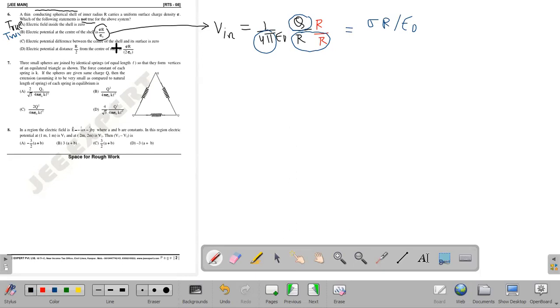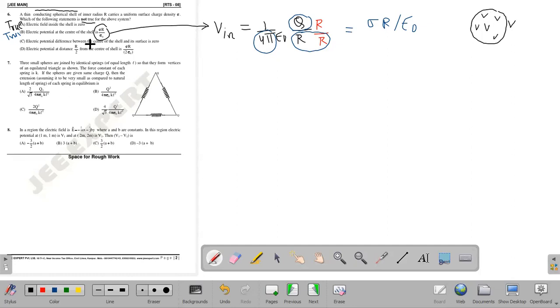Electric potential difference between the center of shell and surface is 0. This is again a true statement because inside a uniformly charged conducting shell, the potential remains constant everywhere. The potential at center is the same as the potential at surface, and also it is the same potential anywhere inside that shell.